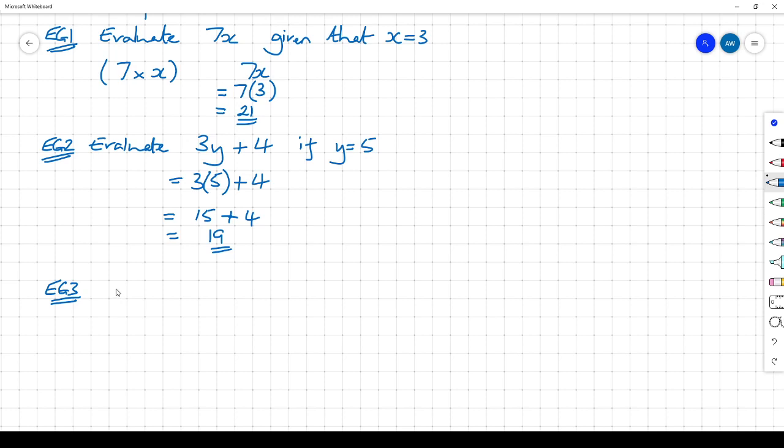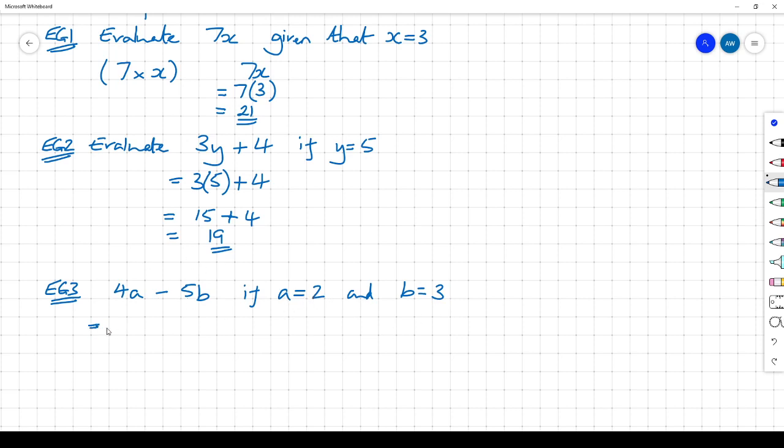What if I had 4a minus 5b if a equals 2 and b equals 3? Okay. What is the value of this? That's what evaluate means. Of 4a minus 5b if a equals 2 and b equals 3.